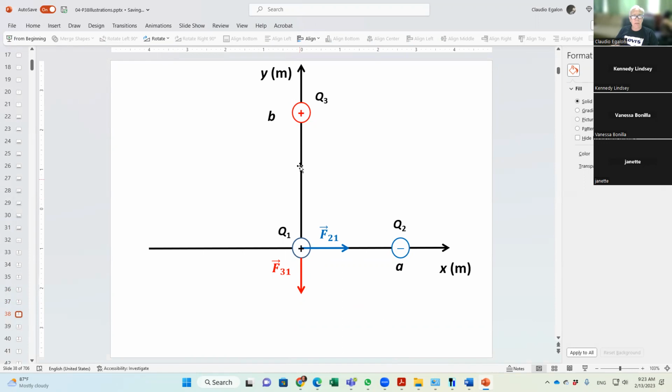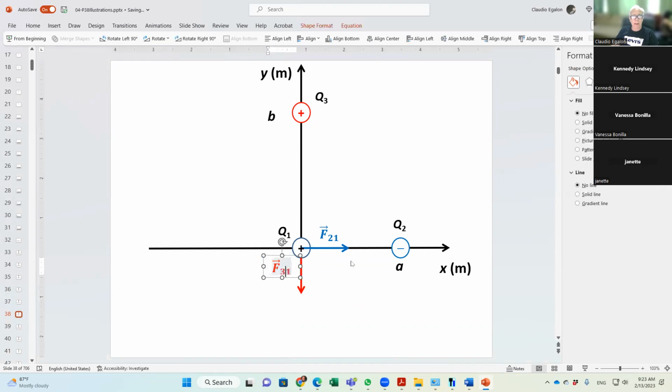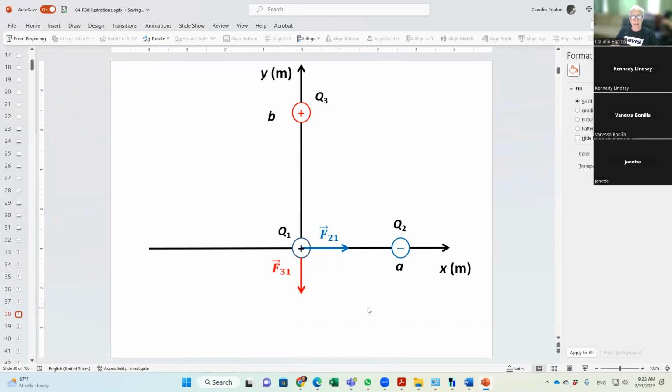Again, I'm using the notation of force of 3 applied to 1, force of 2 applied to 1. And let's not forget, the vector from here to here is going to be R12, and from here to there is going to be R21. Let's not fall into this mistake again. And then we end up having this net force.